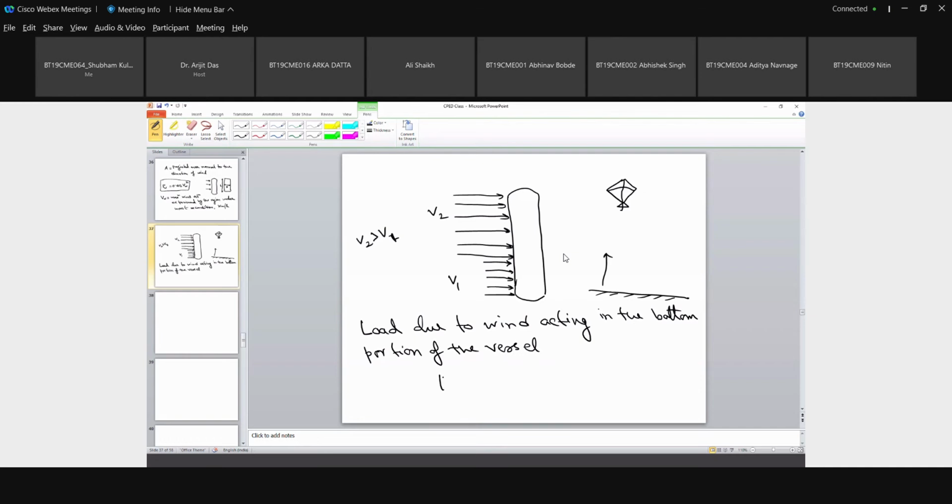So we can calculate BW, meaning bottom wind.